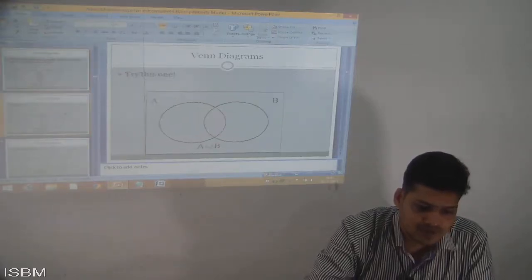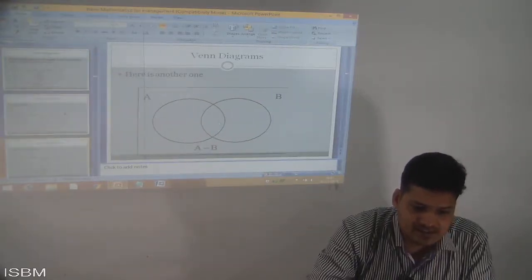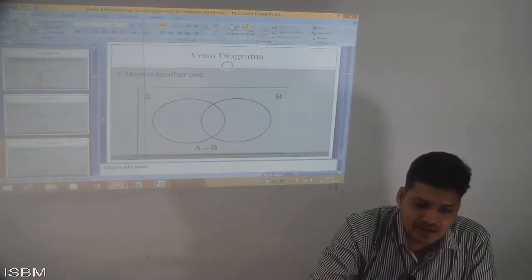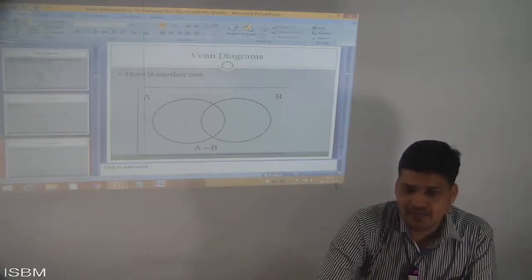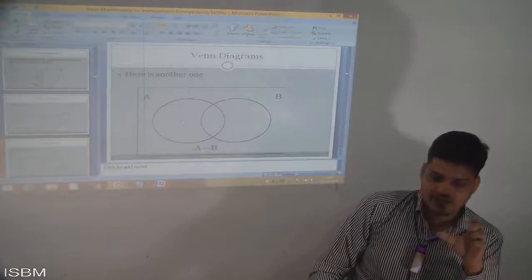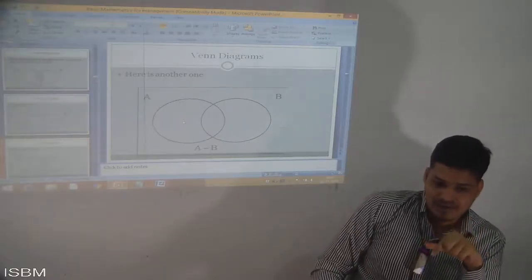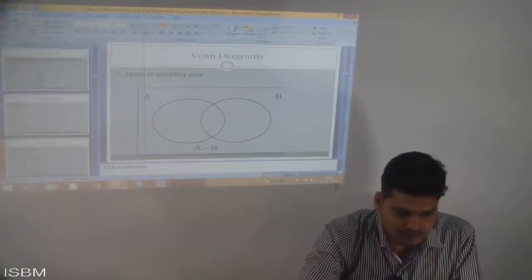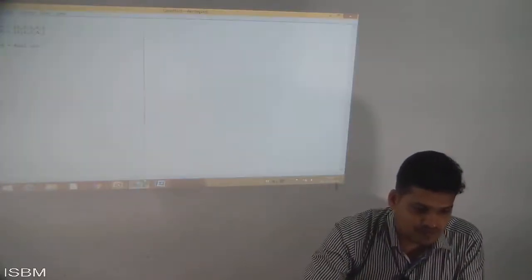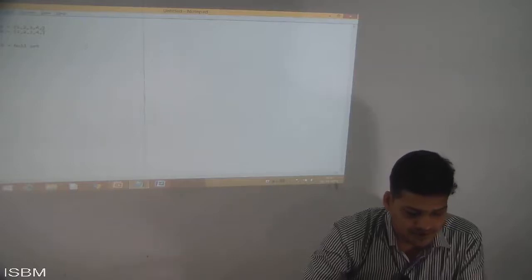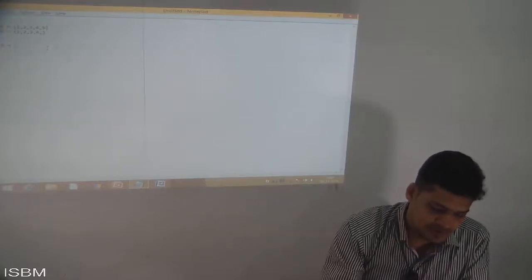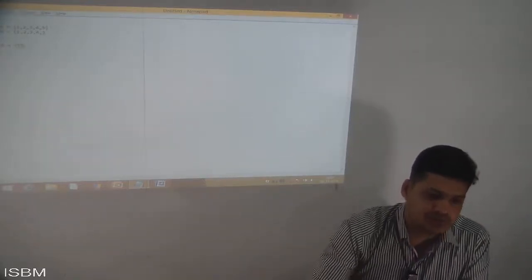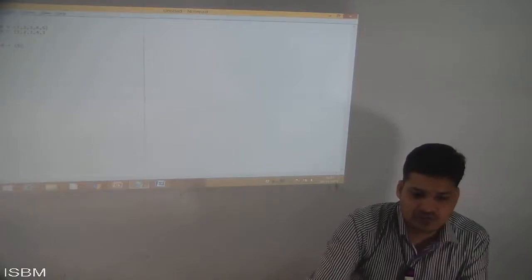This is A union B, and here is another one, A minus B. In A minus B, what we need to do is take the values which are in A but not in B. So A minus B is denoted like this. I have shown it over here. If I take 5 over here, the value of A minus B will be only 5, because 1, 2, 3, 4 have been cut through here, and only 5 is left.